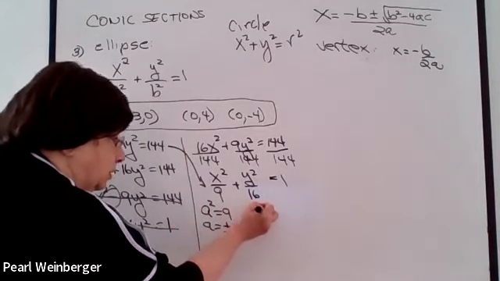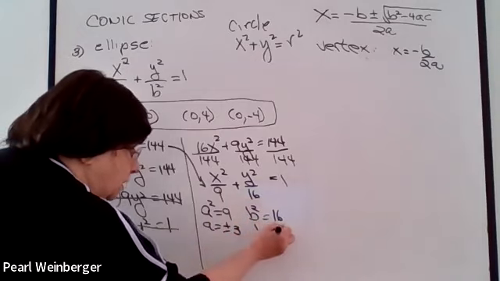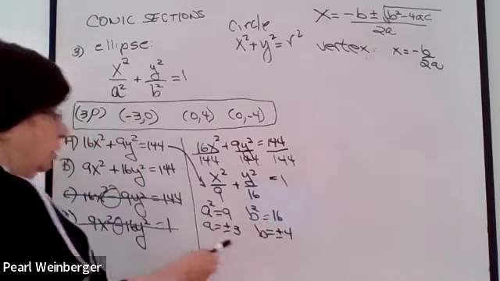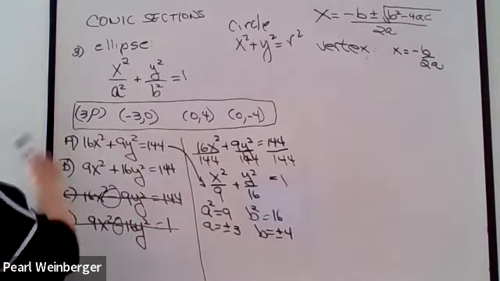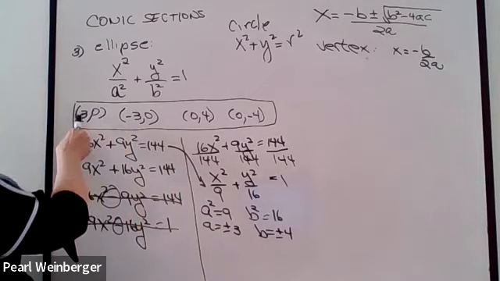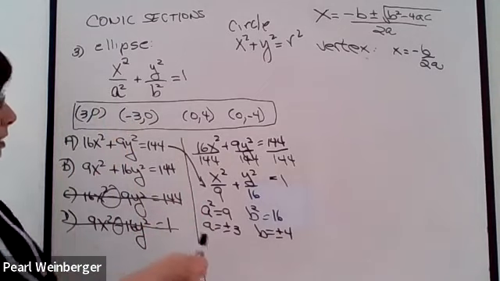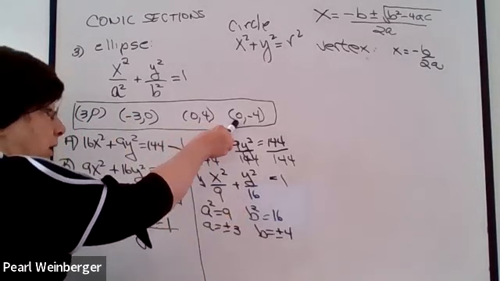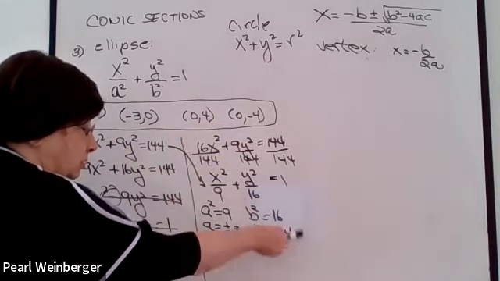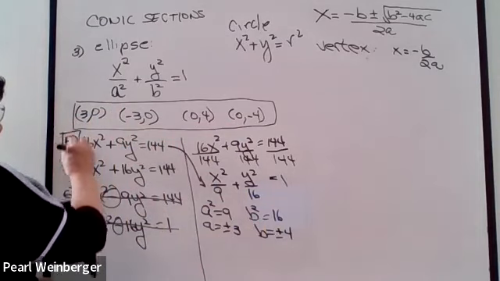And the b squared is 16, which would mean the b is plus or minus 4. So this is the one that has 3 and -3 as its x-intercepts. Remember, in the x-intercepts, the number comes first, the 0 second. And the y-intercepts are 0, 4, and 0, -4, just like it says over here. So we have to pick choice A.